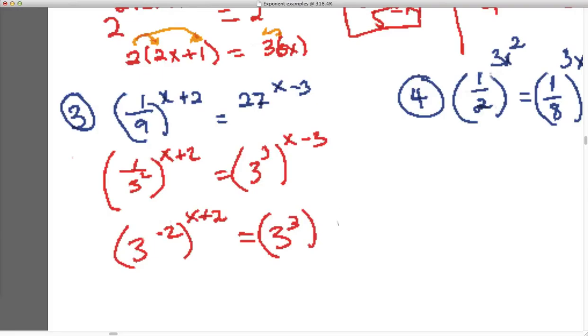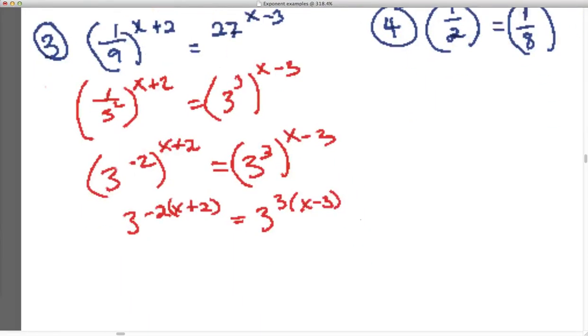Let's change the grip. Multiply the powers. Distribute through the exponent.